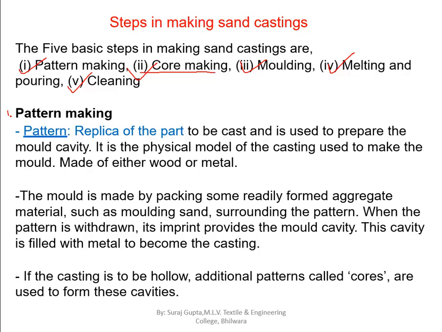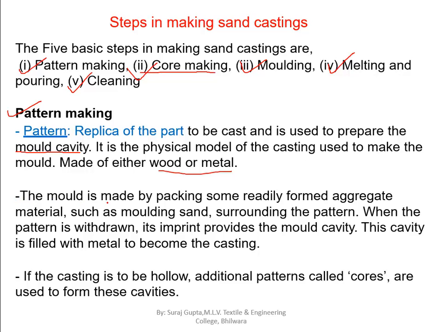So first is pattern making. A pattern is the replica of the part to be cast and is used to prepare the mold cavity in which the liquid metal is to be poured. It is the physical model of the casting used to make the mold, made of either wood, metal, or any other materials.